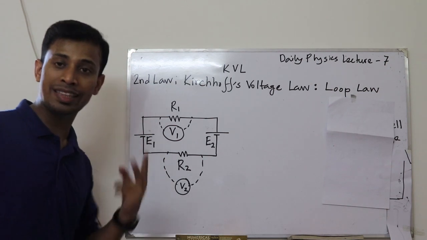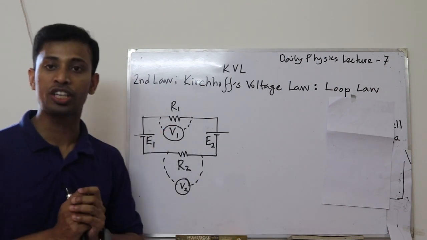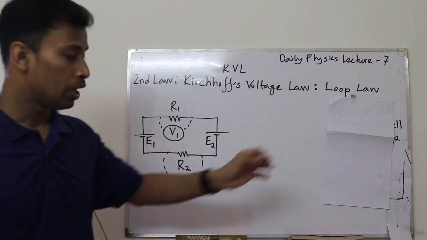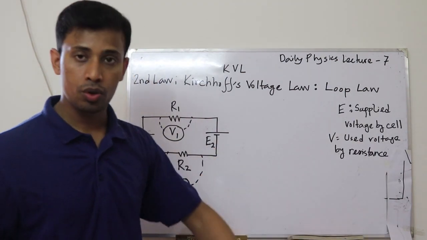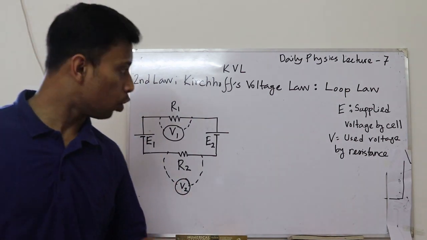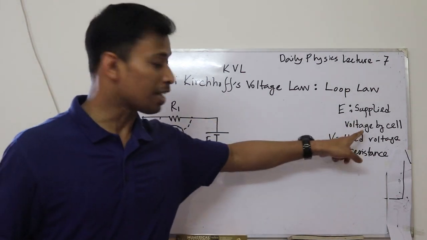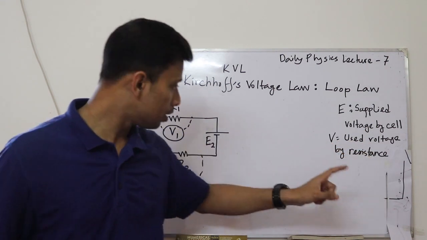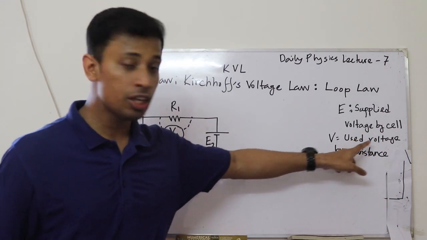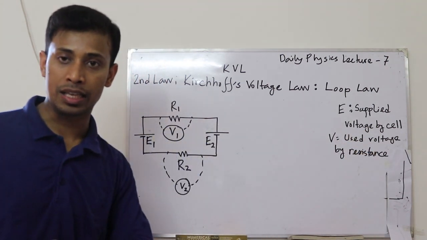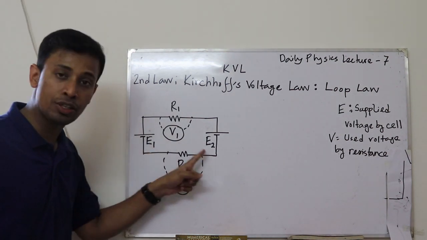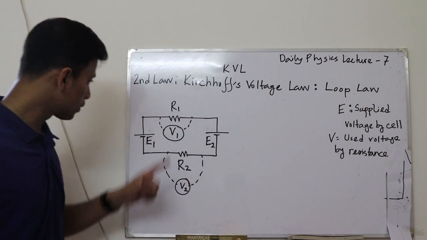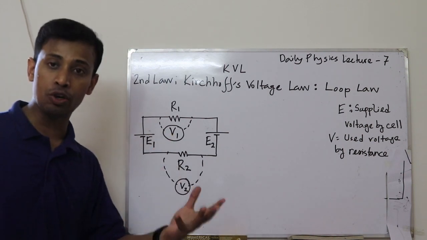V1 and V2, these two are the consumed potential from the circuit. And as we know, E is the supplied voltage by the cell and V is the used voltage by the resistance. So here E1 and E2 are the supplied voltage, V1 and V2 are the used voltage.